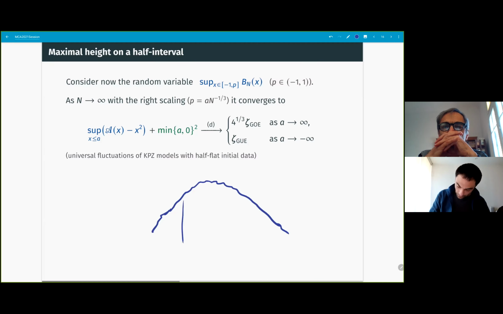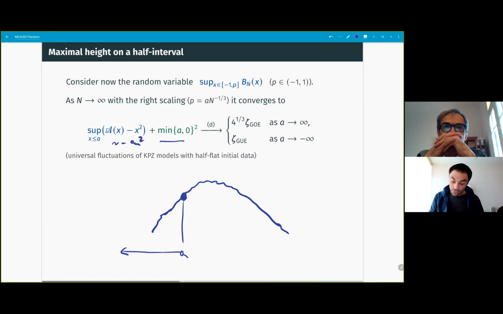So if I take the sup over an interval like this, the sup is going to be very near a, which means that this is going to be essentially of order minus a squared. So I should add a squared to compensate.